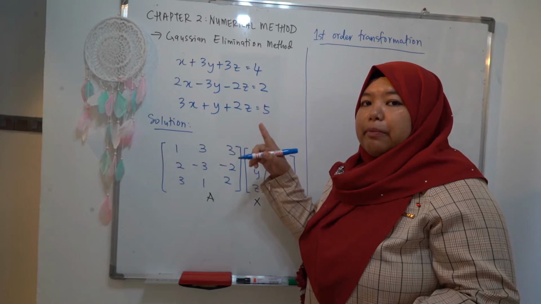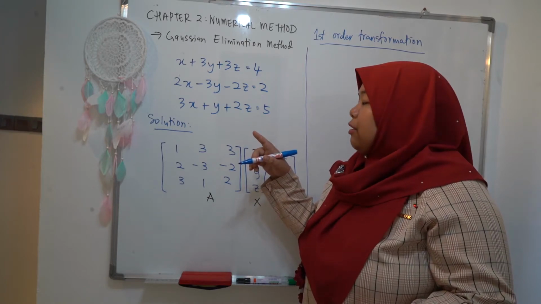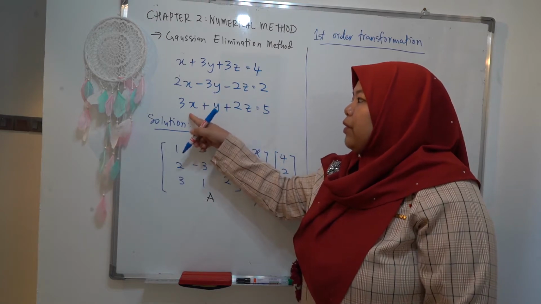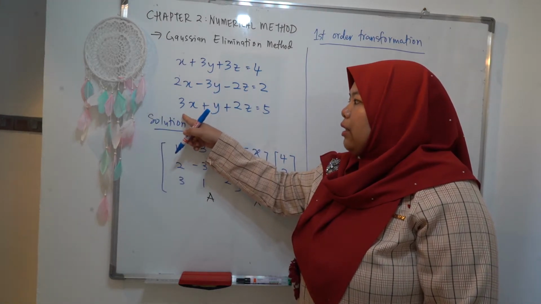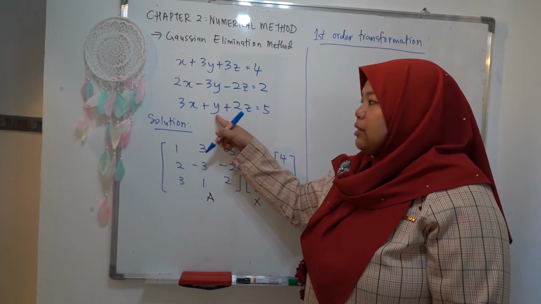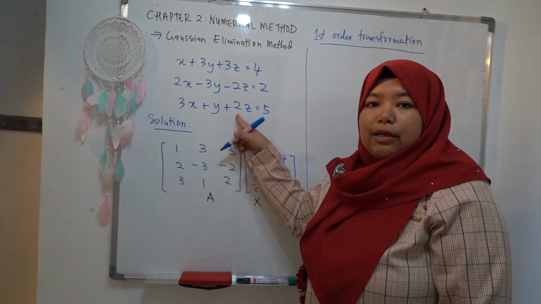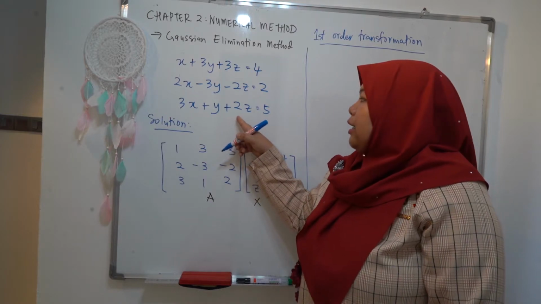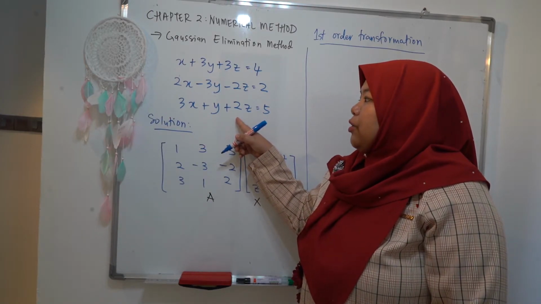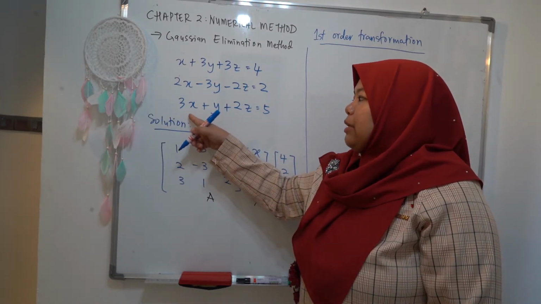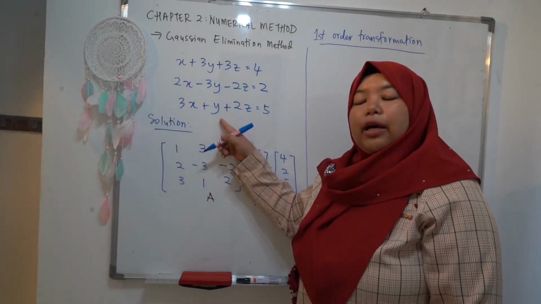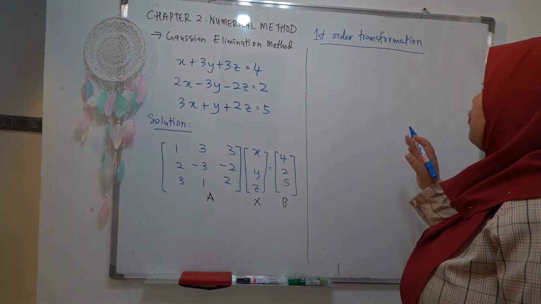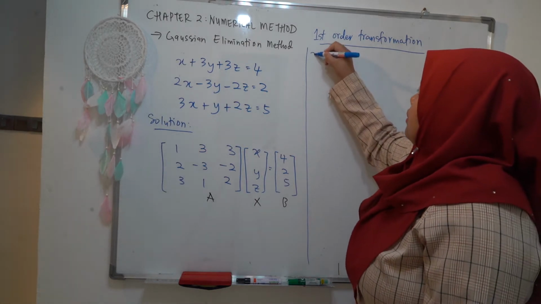I repeat, if the variables in your question are mixed up, for example it starts with y, like y plus 3x plus 2z, you have to arrange them first in the correct order. So you have to put x in the first place, followed by y, and then followed by z. Okay, so I start with the first order transformation.